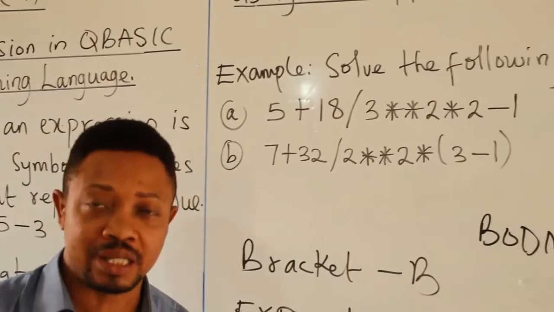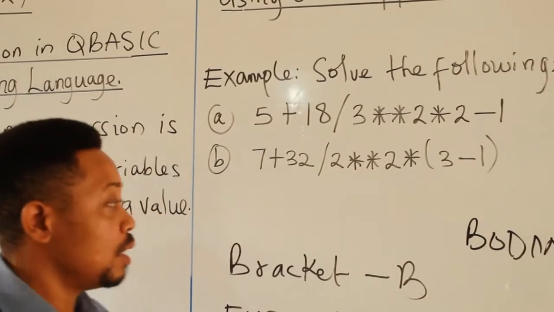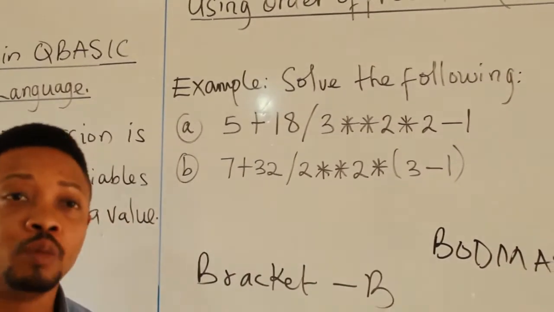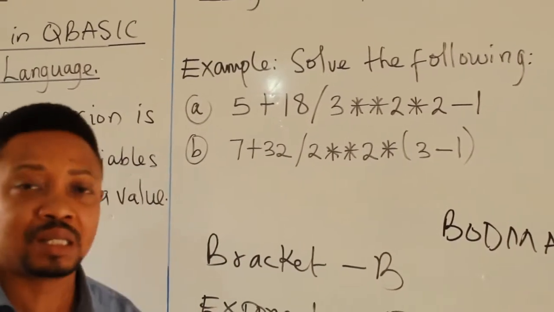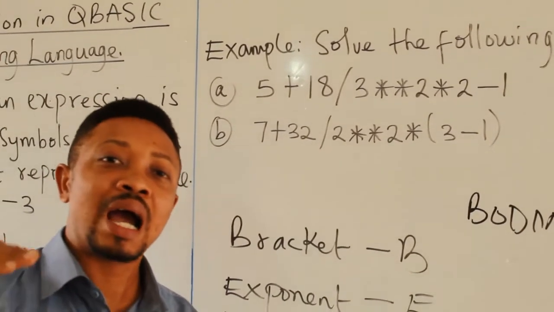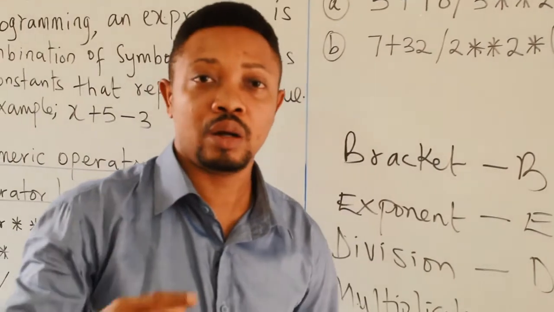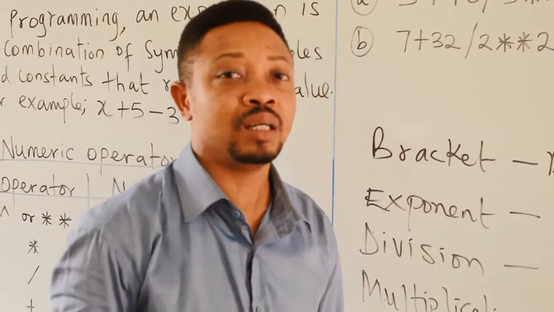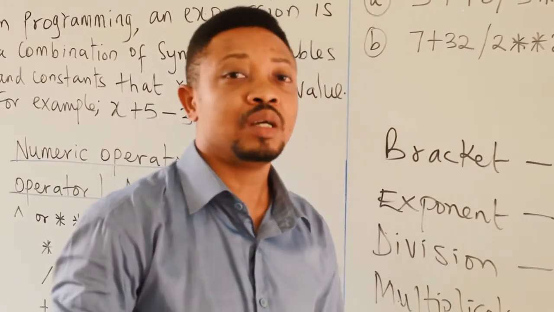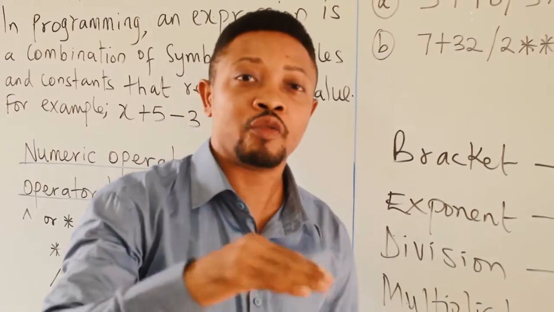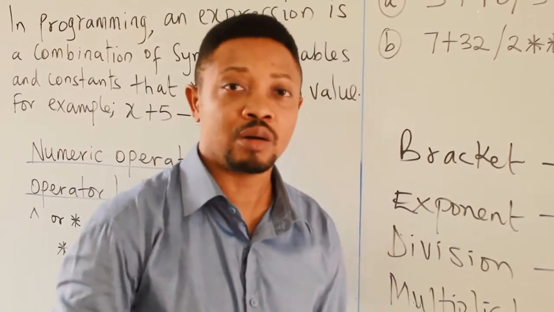So in solving expressions in QBasic, using order of precedence, which is BEDMAS, this is what we follow. What precedence simply means is hierarchy. So we are solving problems using an order of hierarchy. Now, what is the order of hierarchy?